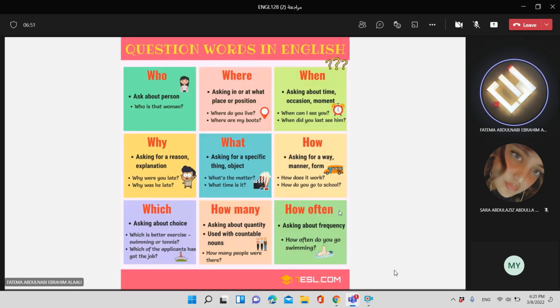So here are words in English we use to form a question, like who, where, when, why, what, how, which, how many, and how often. We call them WH words.